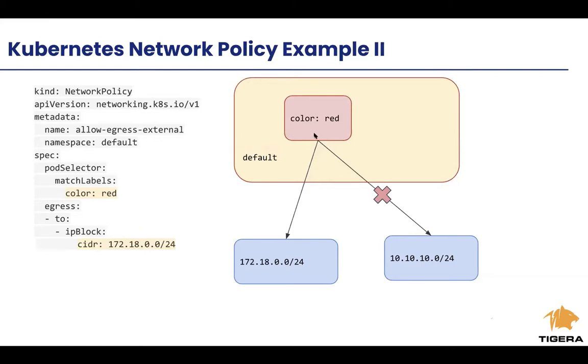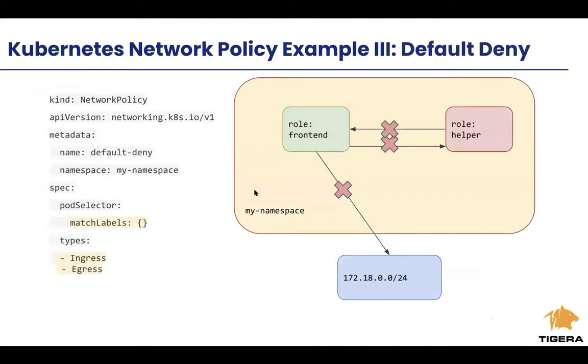So in this case, if I wanted the color red pods in the default namespace to be able to talk to the 172.118.0.24 subnet, whether that belongs to the same Kubernetes cluster or to some external cluster doesn't really matter. As long as the destination IP belongs to this subnet, it will be allowed. If this pod tries to connect to any other IP that does not belong in this policy, it will be blocked. So this is another example where we're using CIDRs instead of pod labels.